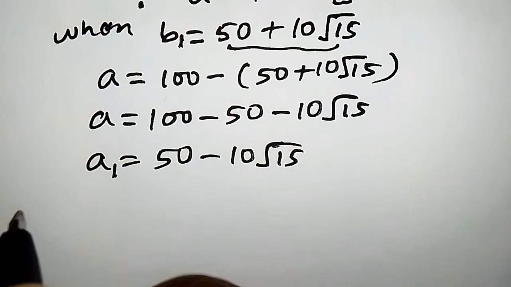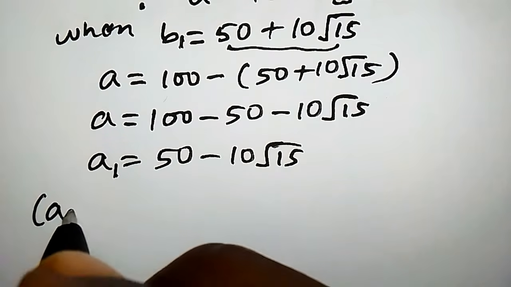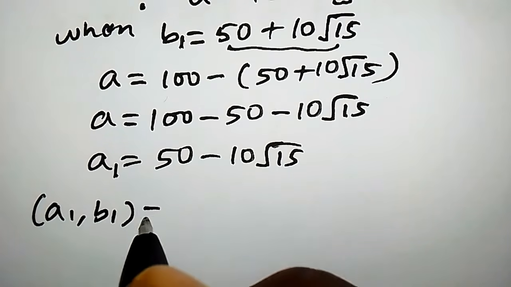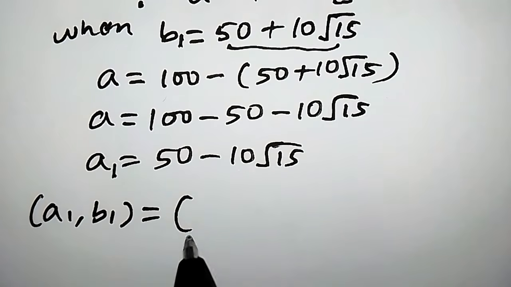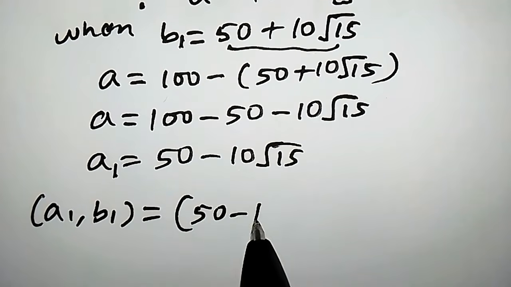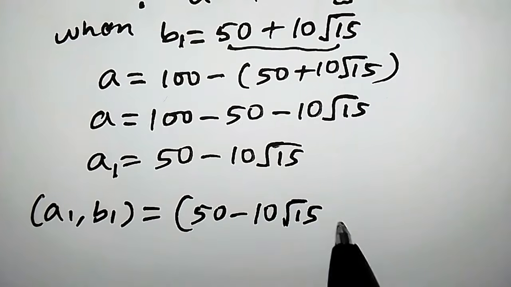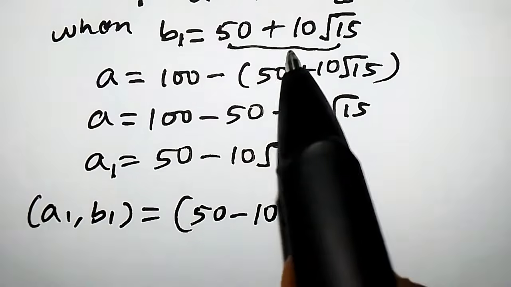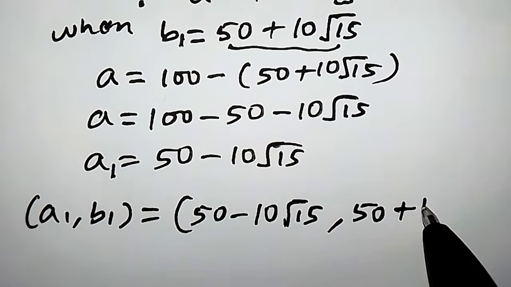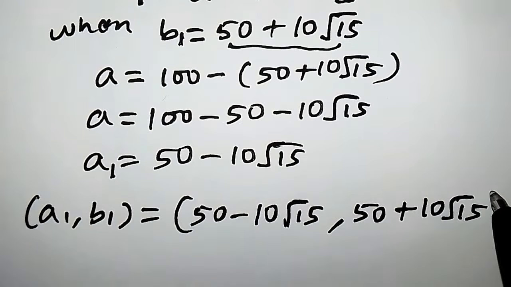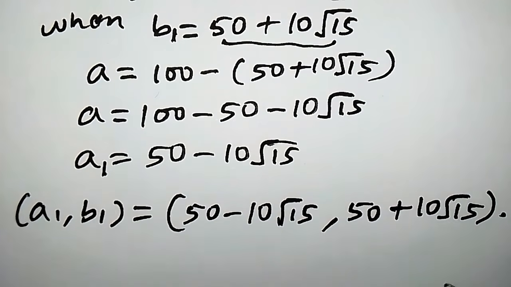This means that the first solution, A1 comma B1, is equal to A1 is 50 minus 10 root 15 and B1 is 50 plus 10 root 15. This is the first solution.